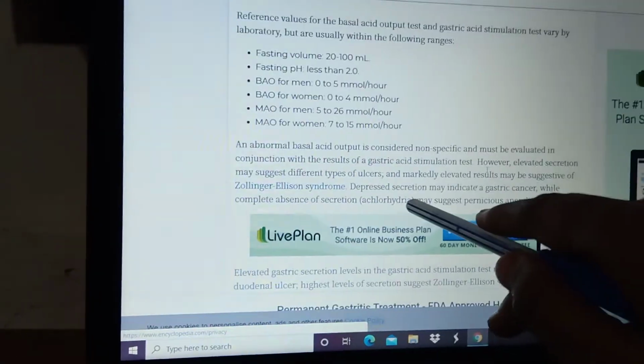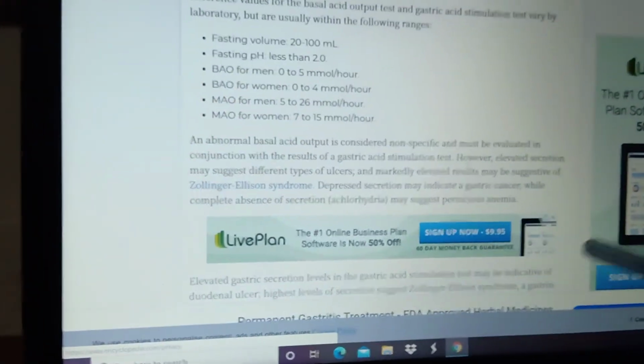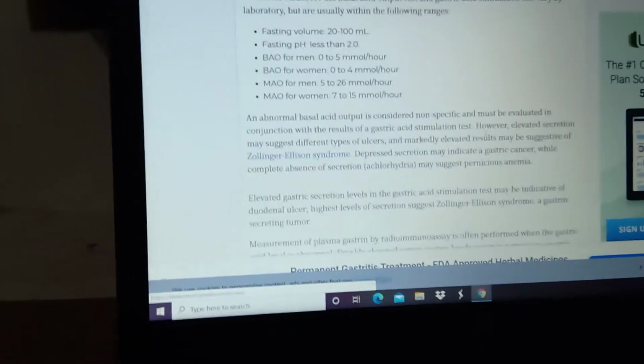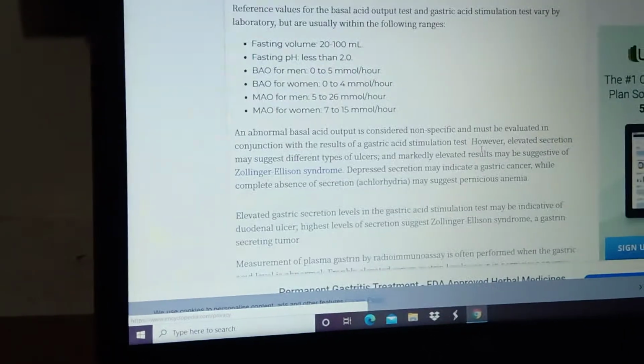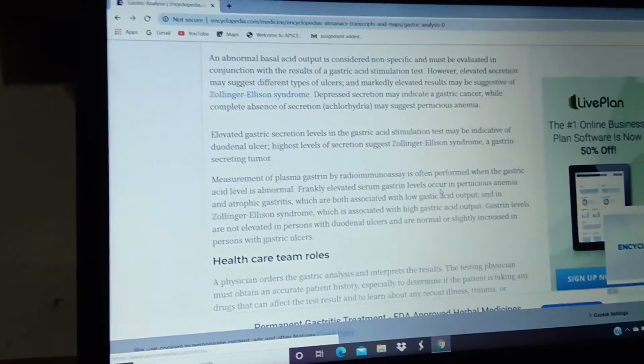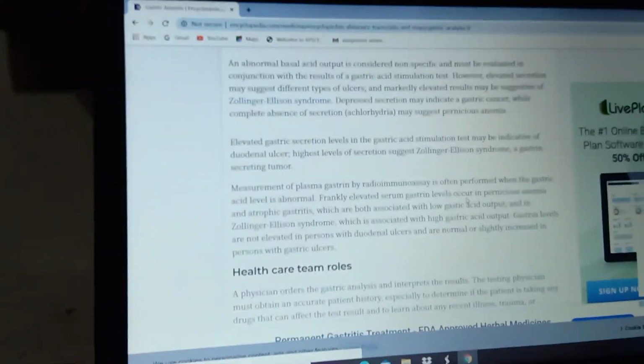Achlorhydria is nothing else but no production of gastric acid; that is a disorder we can suggest. Duodenal ulcers and cancers, everything we can suspect with this if levels are below or above normal.